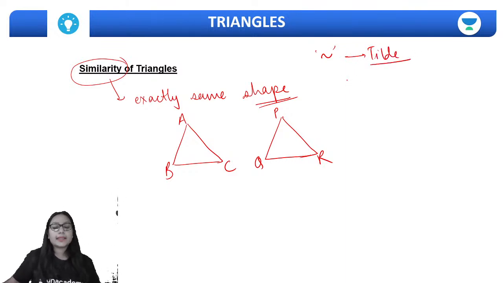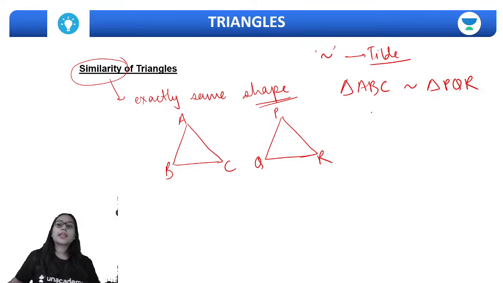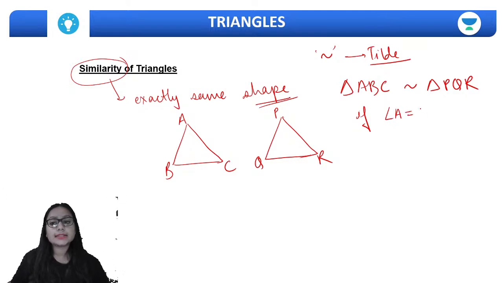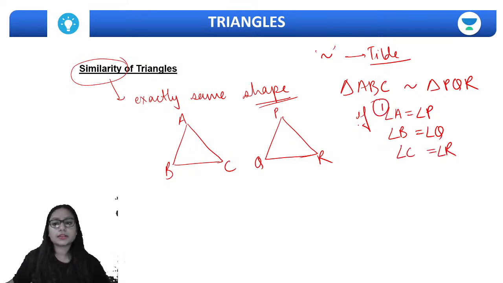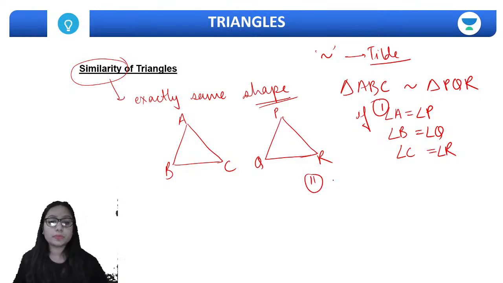I say that triangle ABC is similar to triangle PQR if the corresponding angles are equal. Corresponding angles are equal means angle A is equal to angle P, angle B is equal to angle Q, angle C is equal to angle R. Second is that the ratio of their corresponding sides should be the same.